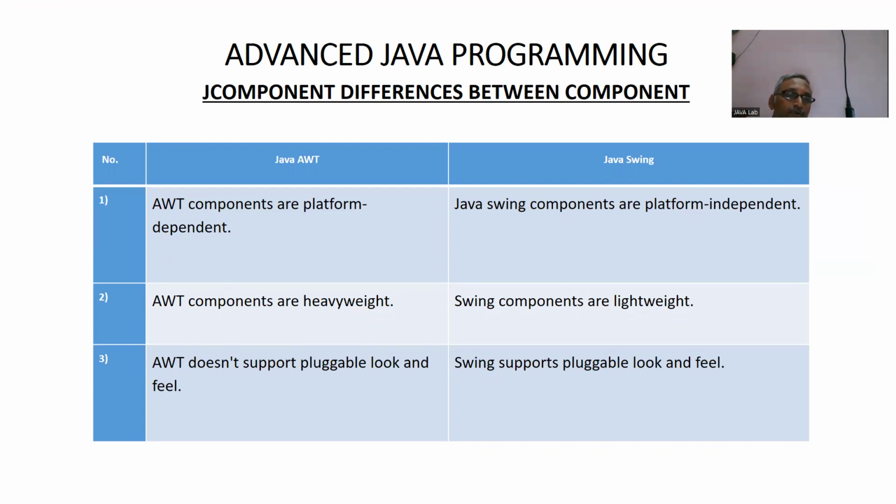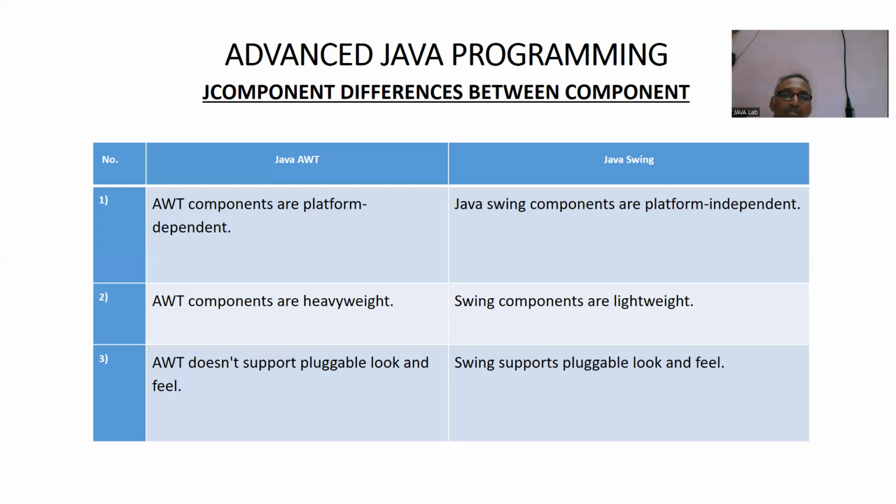AWT does not support pluggable look and feel. AWT provides fewer components than Swing. AWT does not follow MVC, that's Model View Controller. In MVC, the model represents data, the view represents presentation, and the controller acts as an interface between model and view. This is the Java AWT.